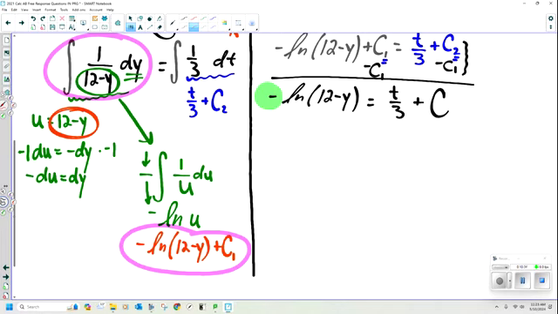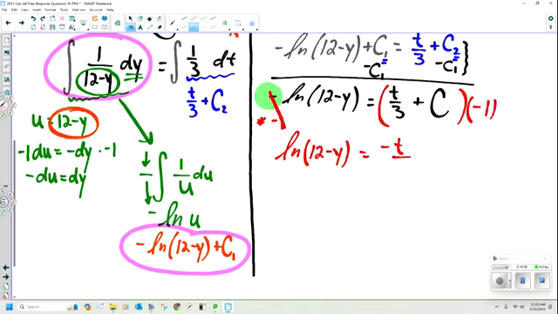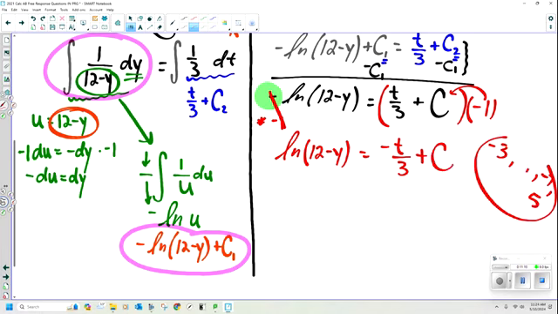But if I multiply this side times a negative 1, this cancels, and I have the ln of 12 minus y. If I multiply this side by negative 1, that negates my 1/3, or t over 3. If I make this constant negative, I don't have to flip that sign. I can add a negative c. If I have a negative 3, or a positive 4, or a negative 7, these are all still just constants, okay? So I leave it like that, okay? And they should too, and you should as well.